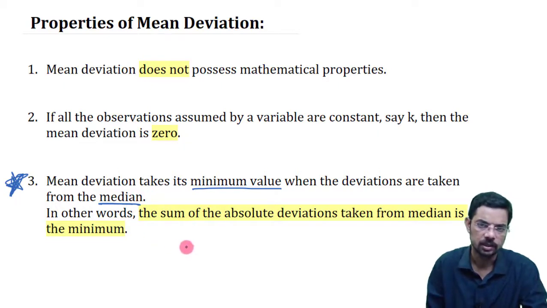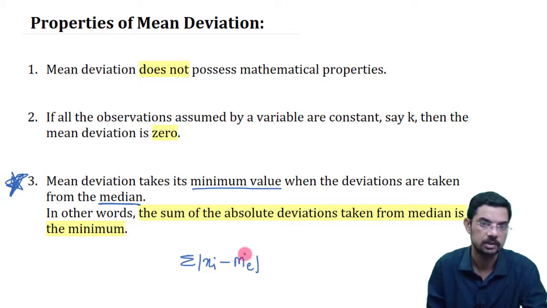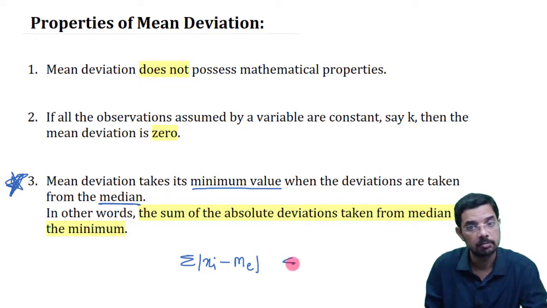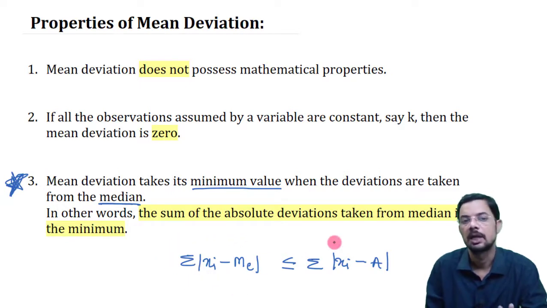Suppose we take the sum of absolute deviations, that is sigma modulus of xi minus the median. The sum of absolute deviations will always be less than or equal to the sum of modulus of xi minus any other value A. If you take the median, the sum of absolute deviations will be minimum.